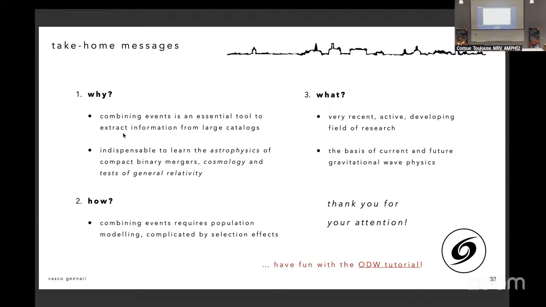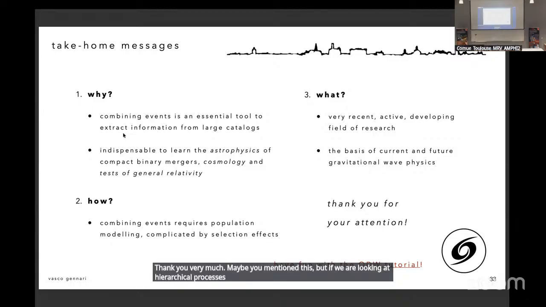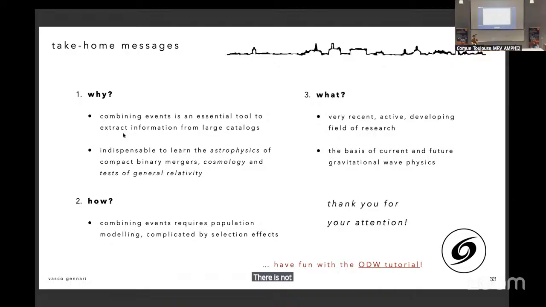Thank you. Any other question? Yes. Thank you very much. Maybe you mentioned this, but if we are looking at hierarchical processes, then probably the population we're talking about is evolving with time and redshift. So there is not one underlying population, but a population as a function of time.